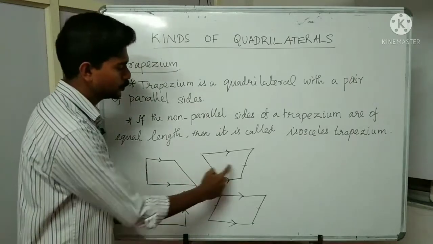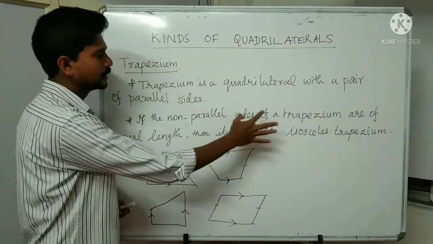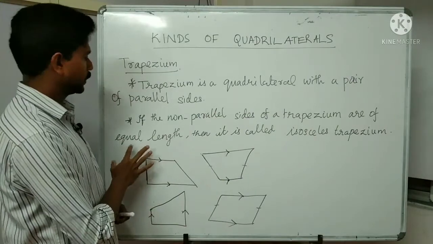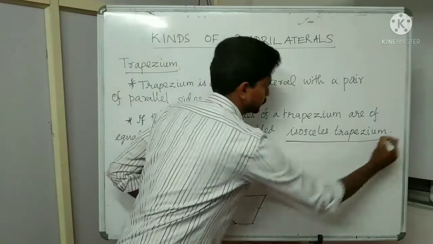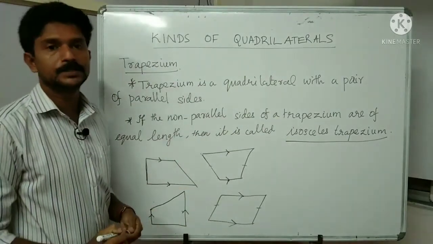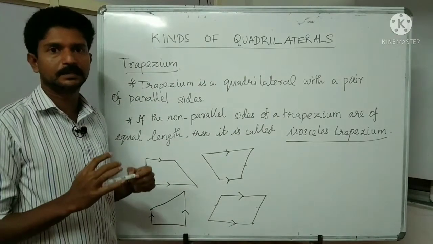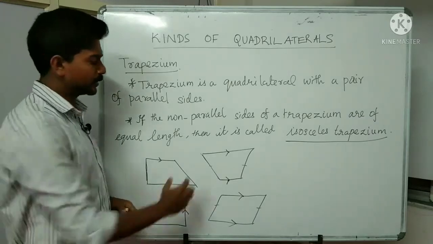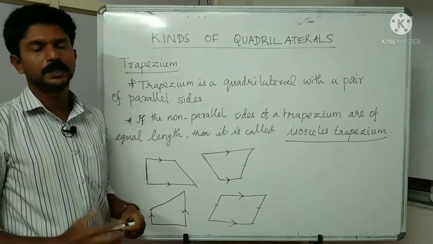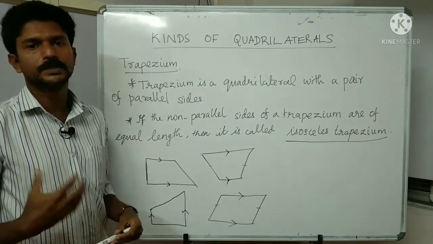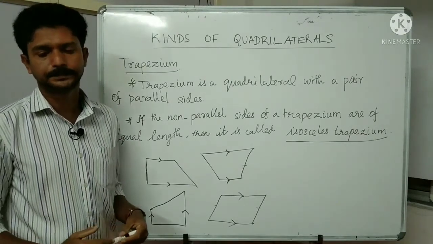If the non-parallel sides of a trapezium are equal, then it is called an isosceles trapezium. Let us see the next one.